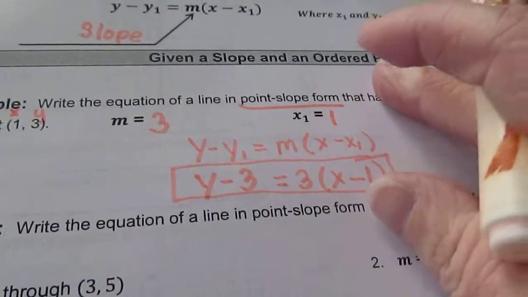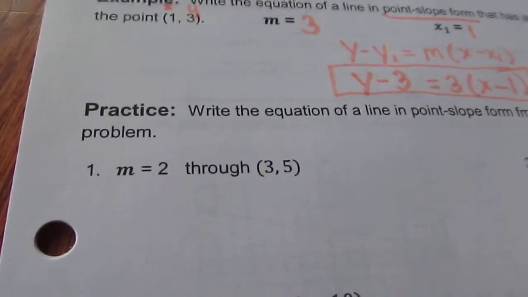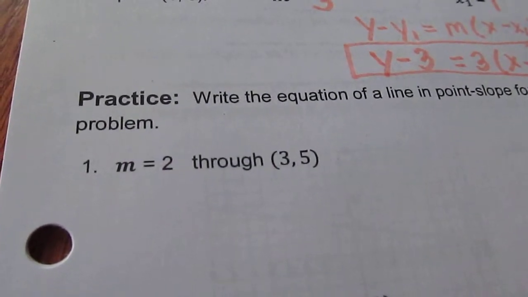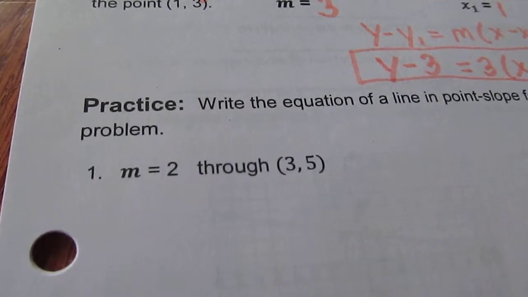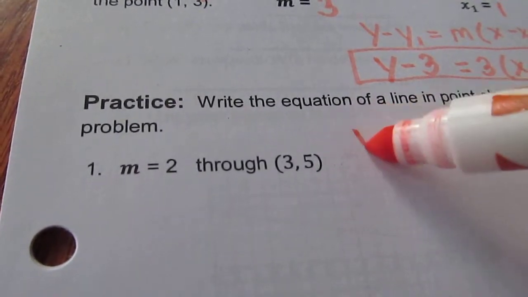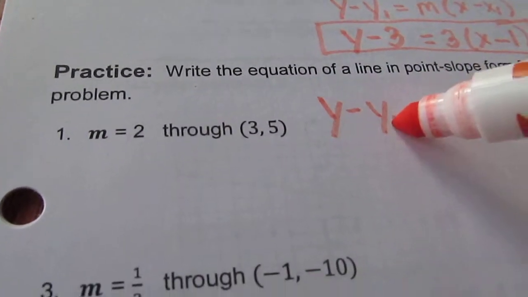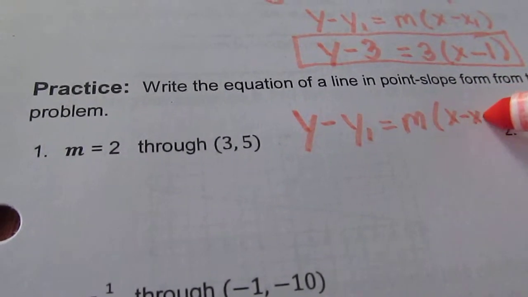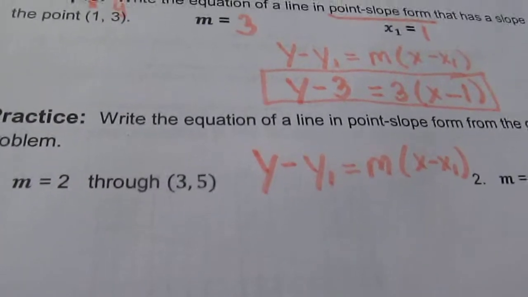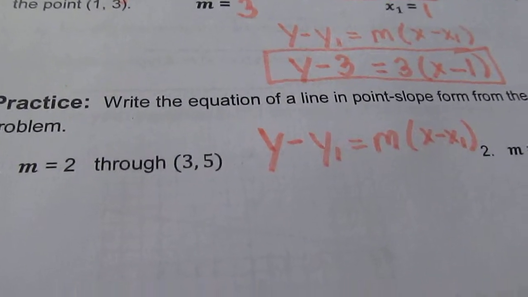Okay, we're going to try a few more together. This time the slope is 2, and it passes through the point 3, 5. Okay, so again, I'm going to write out my equation. The first time you learn a new equation, or anything new, you should tell somebody it 5 times to keep it in your memory.